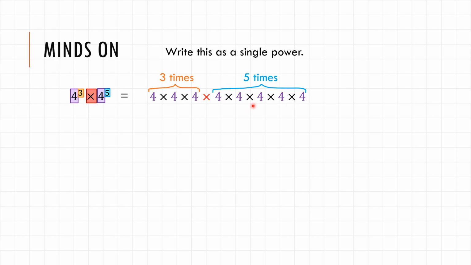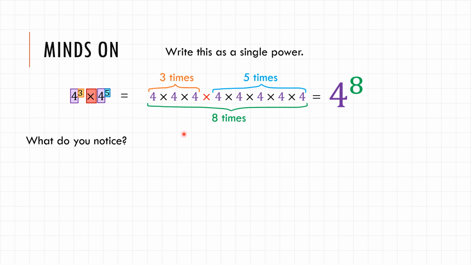If I wanted to write this as a single power, what would be the same way of writing 4 times 4 times 4? 4 multiplied by itself 8 times. That would be 4 to the power of 8. The same number multiplied by itself 8 times.